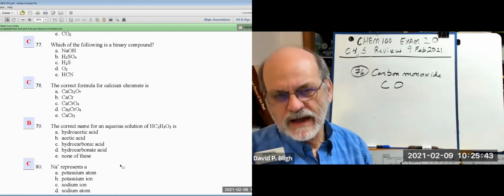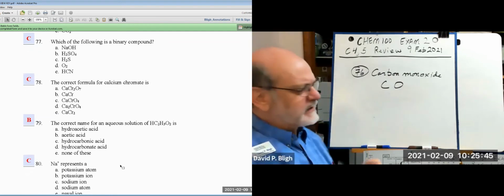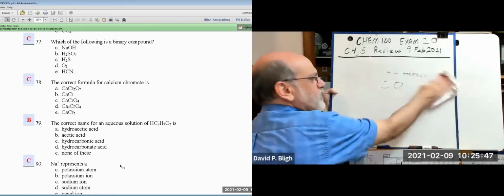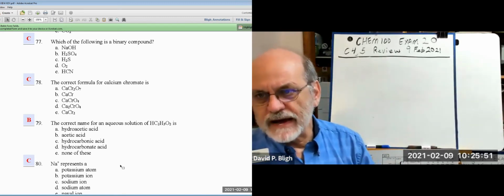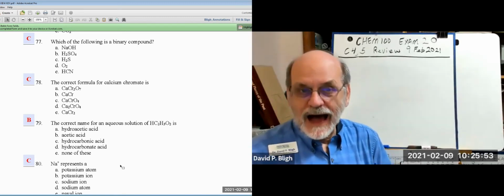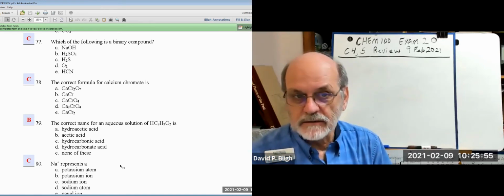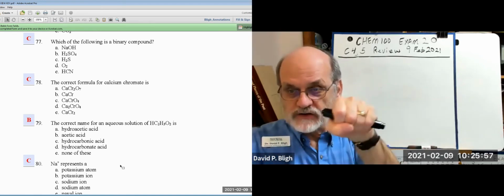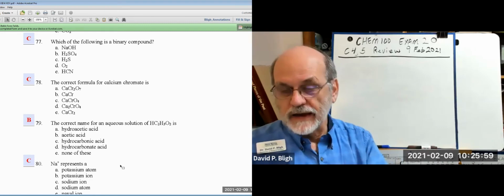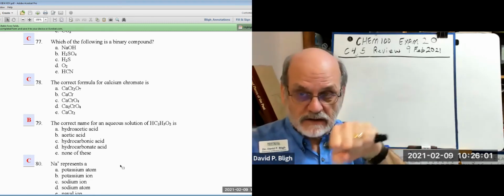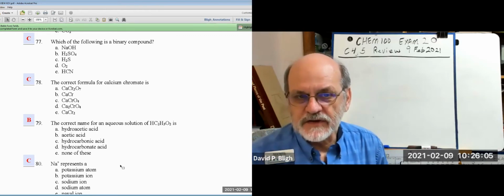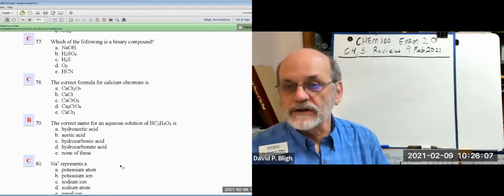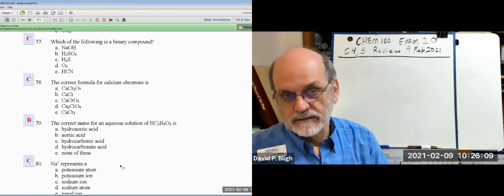Now this one, number 77, I put in here because it may have been confusing. I consider a binary compound where you have 2 parts, and the parts can be polyatomic ions. But your authors in the book consider binary compounds only 2 elements.